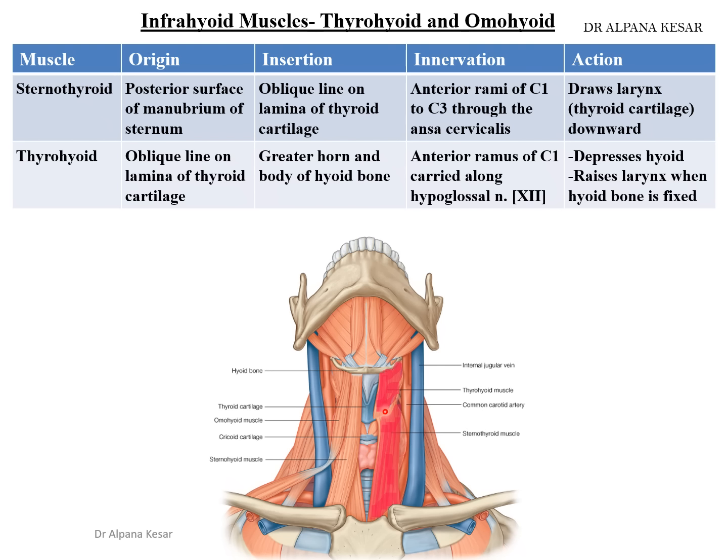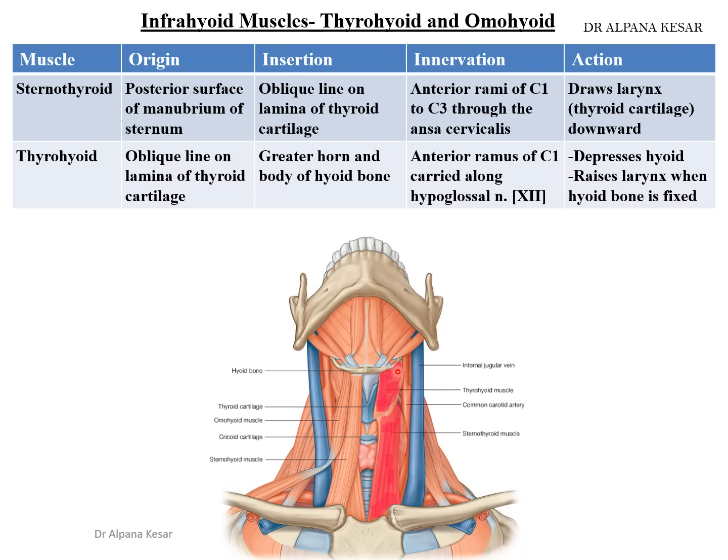Its action is it draws the larynx and the thyroid cartilage downwards. Nerve supply is through ansa cervicalis, the branch which distributes the fibers from first to third cervical spinal nerves.